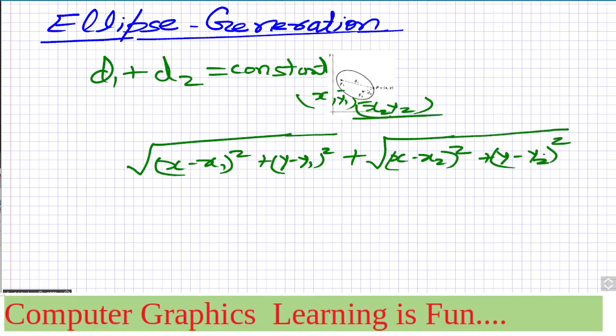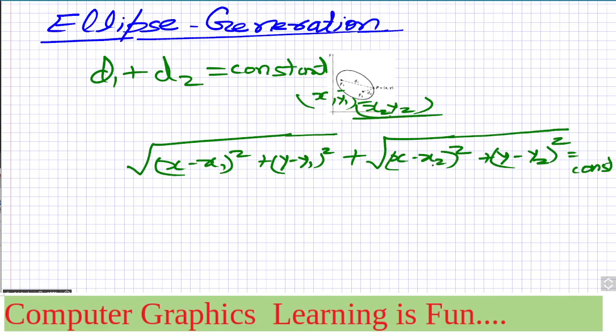This sum will always be constant. So this information can be used for generating an ellipse.